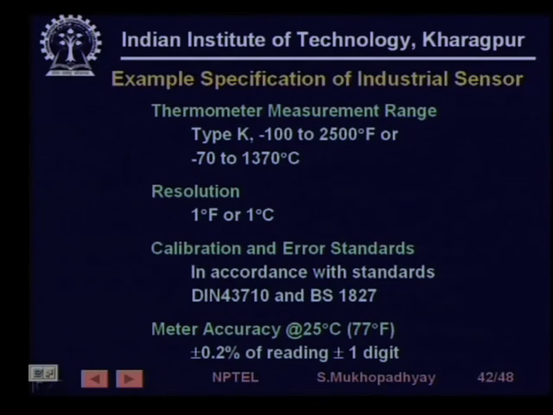This plus minus 1 digit comes because you are going to have a digital display. In digital displays there is an effect called quantization, and therefore this plus minus 1 digit error comes. So, basic accuracy is 0.2% of reading. In this case it is stated in terms of reading.